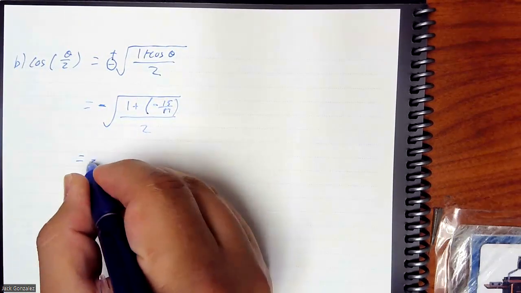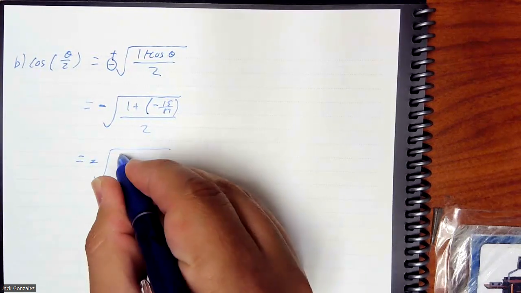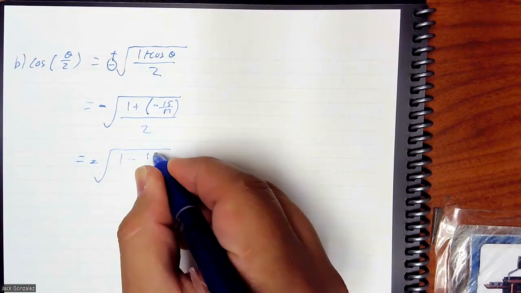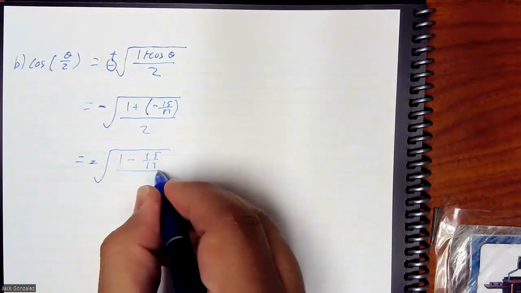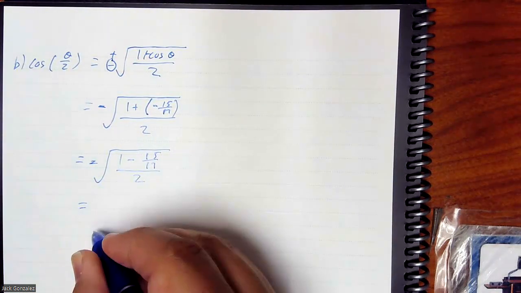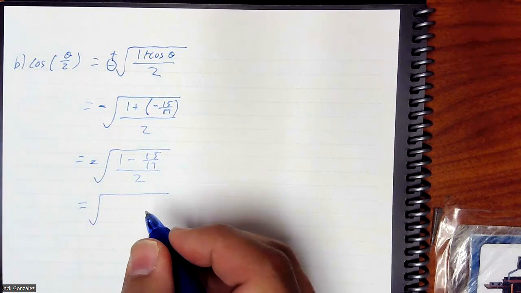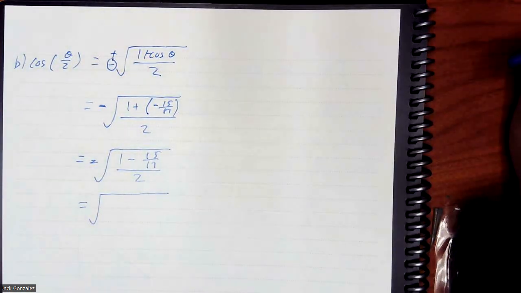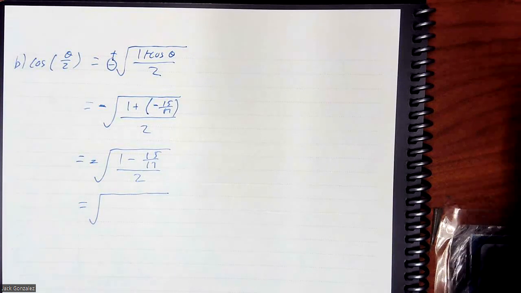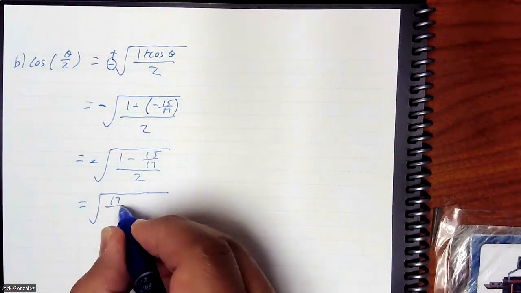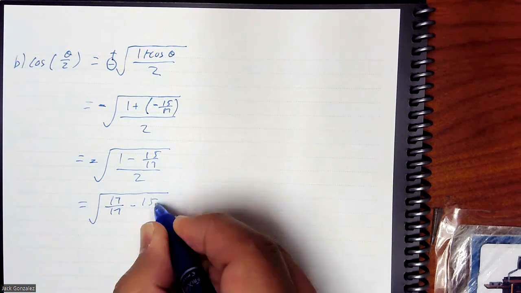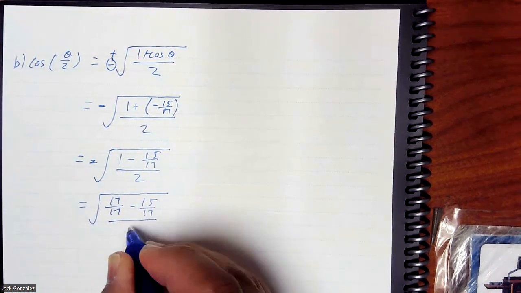So that gives us negative square root of 1 minus 15/17 over 2, which will be 17 over 17 minus 15 over 17 divided by 2.